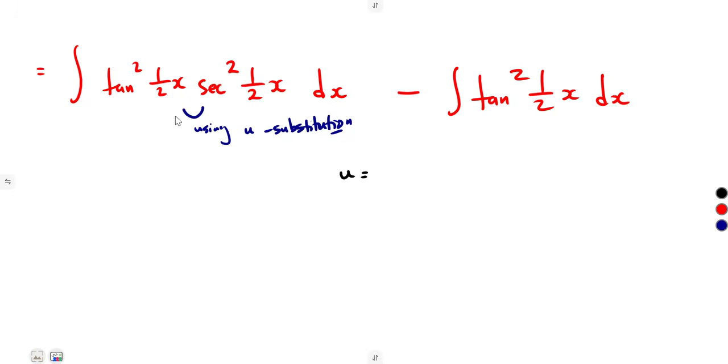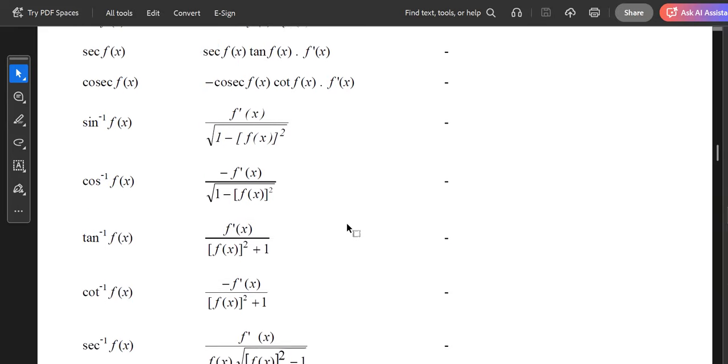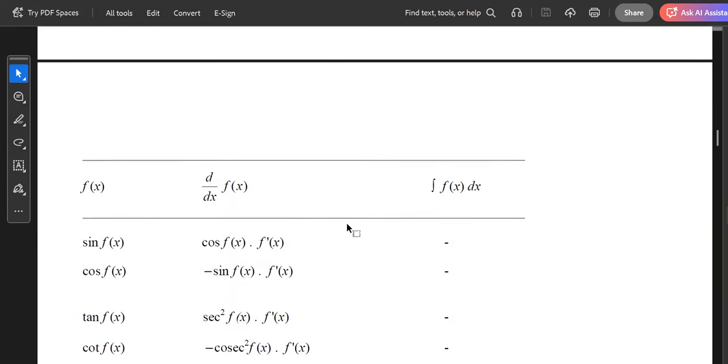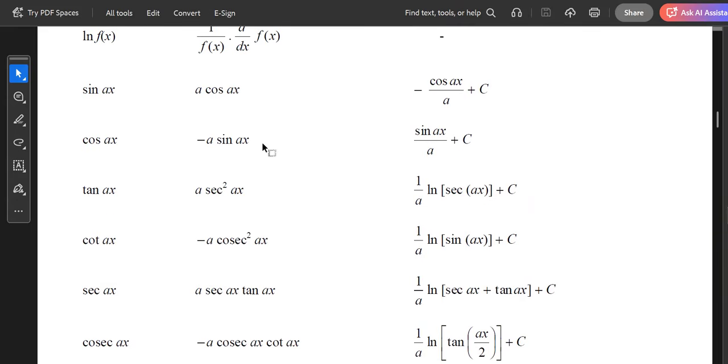If we were to differentiate tan, remember it gives us sec squared. Okay, let's go back to our formula sheet. If you check the tan, when you differentiate it, it gives us what? Sec squared.